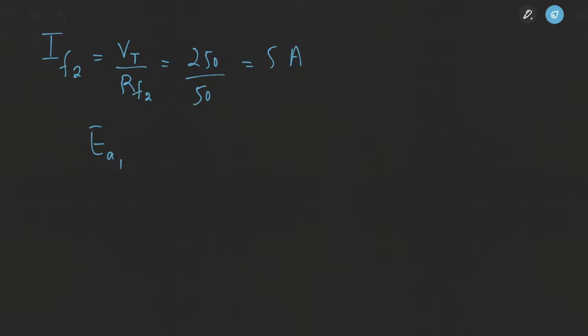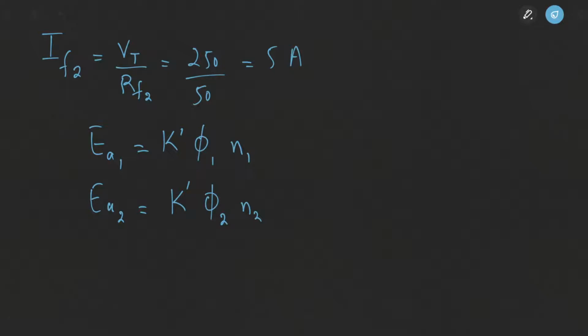Here the equation will be: EA1 is equal to K dash phi 1 N1, where N1 is the initial rotor speed, and EA2 will be equal to K dash phi 2 N2. Phi 1 corresponds to a field current of 250 divided by 41.67 ohms. Phi 2 is the flux corresponding to a field current of 250 divided by 50 ohms.